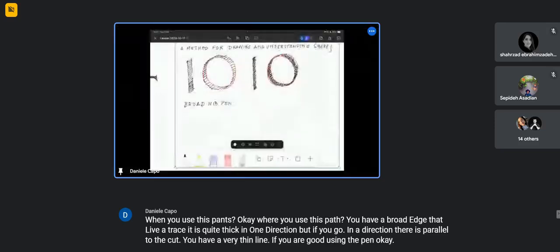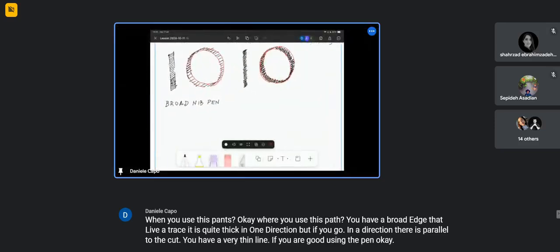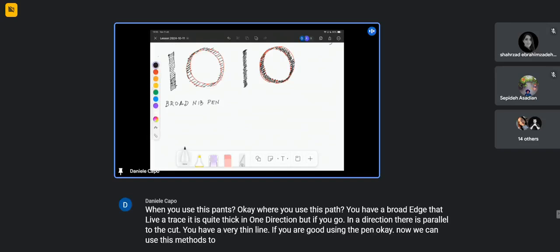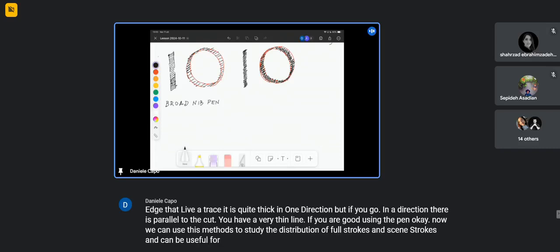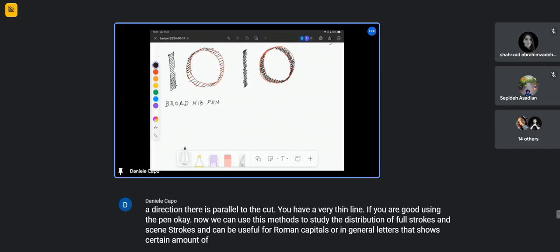Okay. Now, we can use these methods to study the distribution of full strokes and thin strokes, and it can be useful for Roman capitals or in general letters that show a certain amount of contrast.